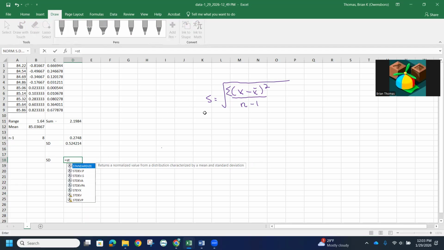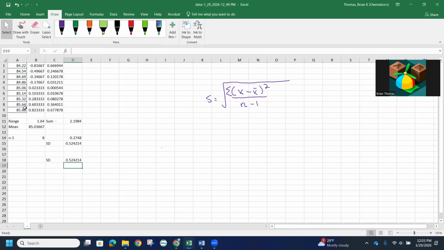Notice how ours was doing the ones with the samples. So if I double click this one, all it's asking for is our data. So A1 through A9 is all we really need to give it. If I give it the data A1 through A9 and hit enter, notice how it does give me the standard deviation without having to do all the math. So we still get this 0.52.